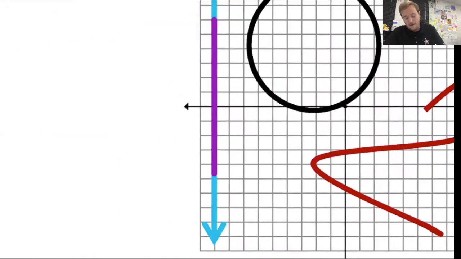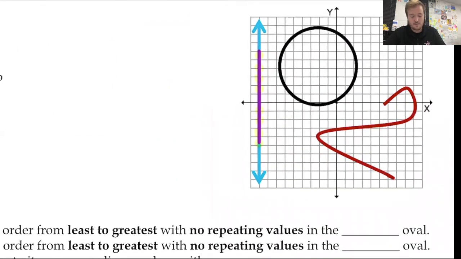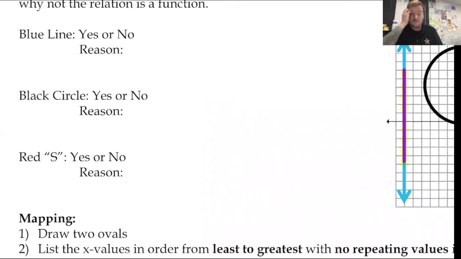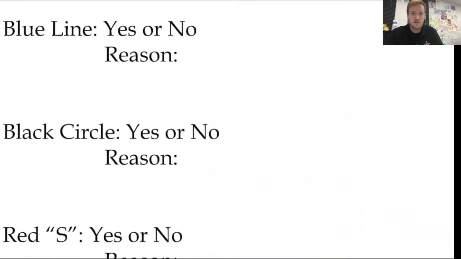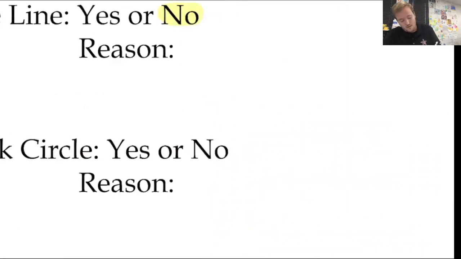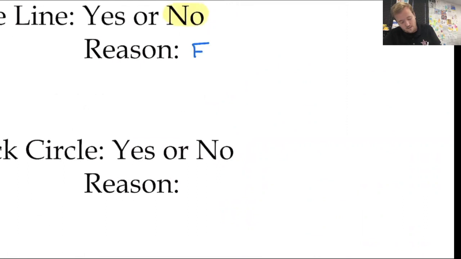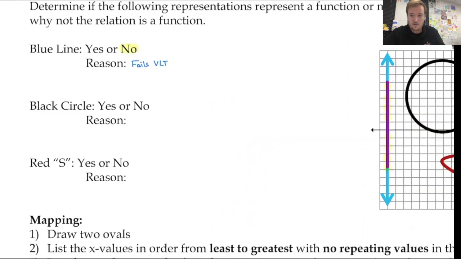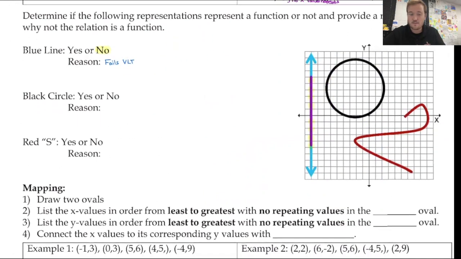The blue line actually hits my line literally at every single point. It hits everywhere. So ironically, the vertical line fails the vertical line test. So it's not a function. I always find it ironic that a vertical line fails the vertical line test.